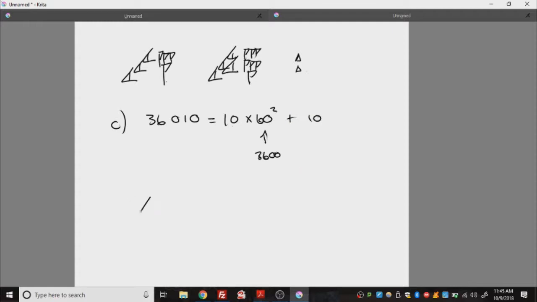So my number would just be 10 space 10. I'm just checking, just paying attention. Once I pick a power of 60, I have to go all the way down, and the 10 goes in the ones column. There are no 60s.